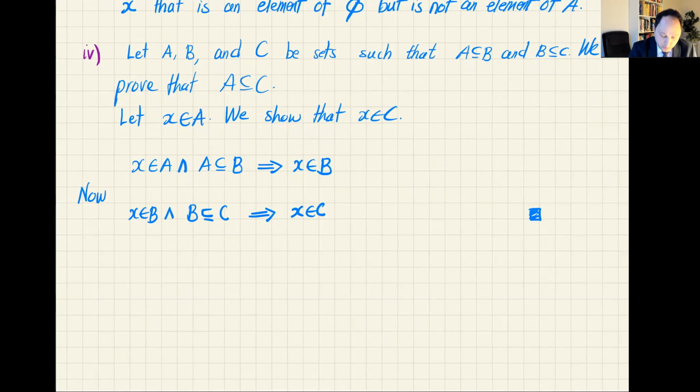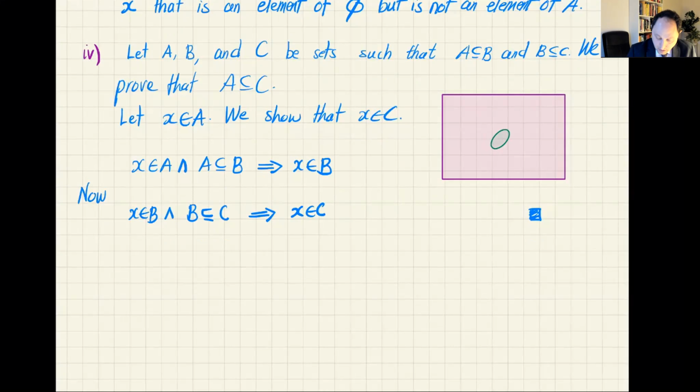So if you want to draw some diagram for this, it's very clear. Yes, I have a diagram for this. This is the universal set. And then I have a small set here, A. And then I have a little bit bigger set here, for example. And then I have a little bit bigger one.